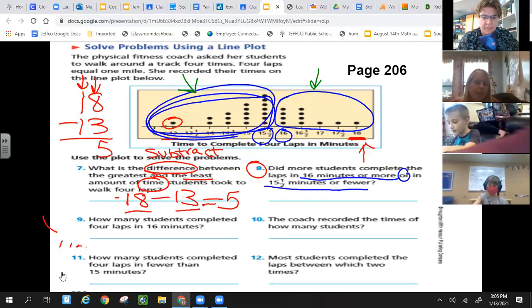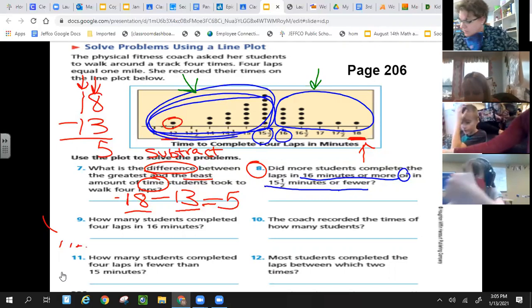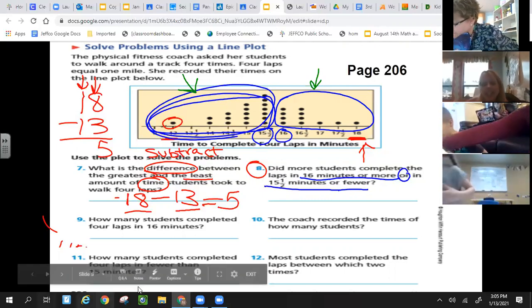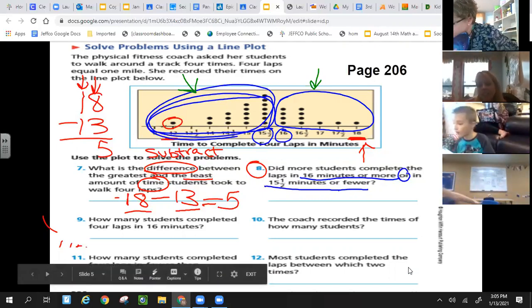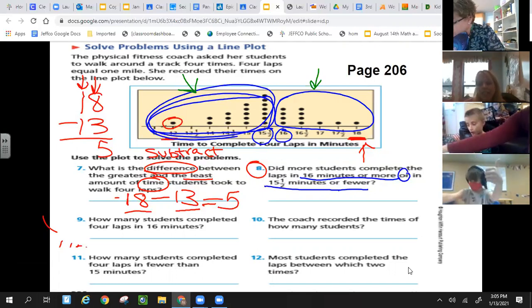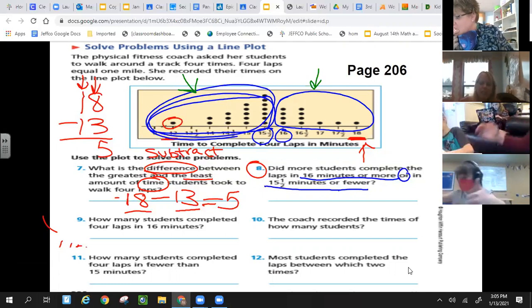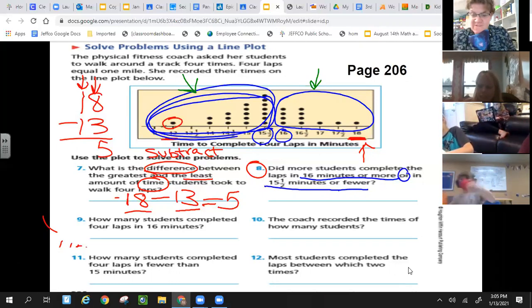When you think you know the answer, give me a thumbs up. Charlie's got it. Good job, Charlie. Be ready to explain. Robert's got it. Max has got it. Elena's got it. You're counting your dots. Which side has more?